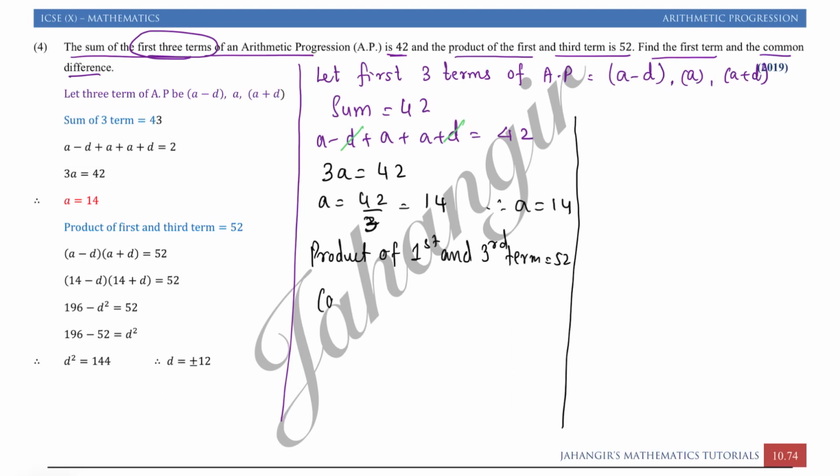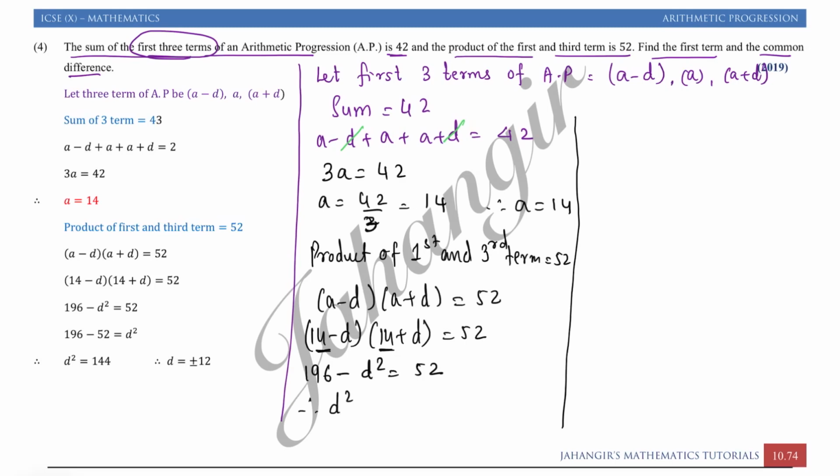The first term is A minus D, third term is A plus D. Their product is 52, where A is 14, so 14 minus D into 14 plus D is 52. A minus D into A plus D is A square minus D square, that is 14 square, 196, minus D square, that is 52.